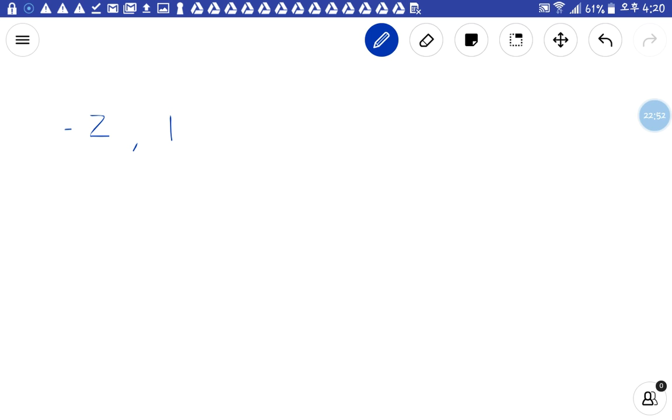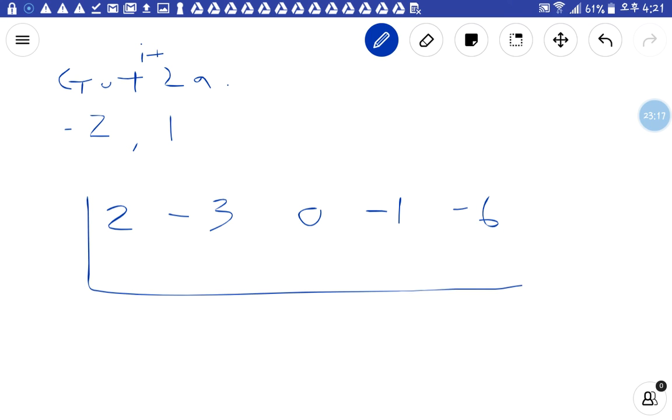So I'm going to use this one to do the synthetic division. I'm just going back to Got It 2A. I have 2, -3, and I don't have any x squared. Fill in the placeholder. -1 and -6. And you can either use -2 first or 1 first. It's totally up to you. Let me do it with -2.